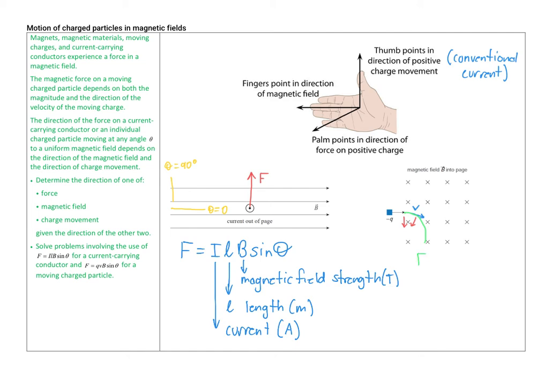So force would equal QVB sine theta, where V is the velocity of the particle in meters per second, and Q is equal to the charge, which will often be the charge of an electron, 1.6 times 10 to the minus 19 coulombs, or a proton, plus 1.6 times 10 to the minus 19 coulombs.